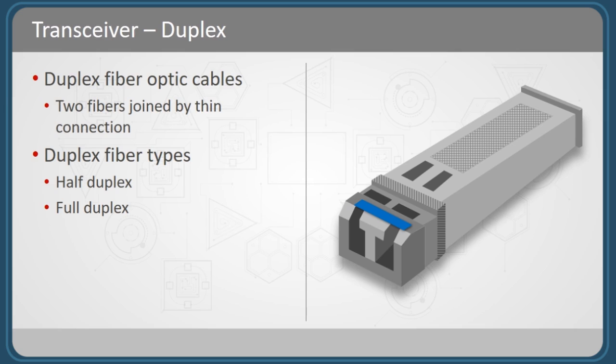They were joined together by a thin connection, but one to send in one direction, one to receive in the opposite direction. But with respect to duplex, there were two types, half duplex or full duplex. Half was sending and or receiving in both directions, but only one at a time. So you had to take turns, if you will. Full duplex is sending and receiving both at the same time.